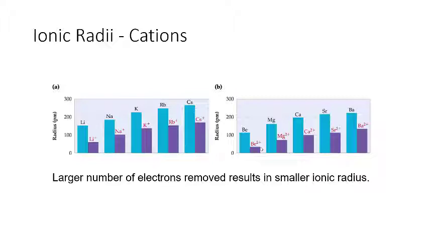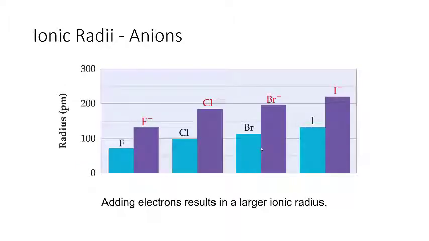So the larger the charge on a cation, the smaller the ion is likely to be. And when we're taking a look at our anions here, we can just look to see that in all the different cases, when we form an anion, we are increasing the ionic radius.